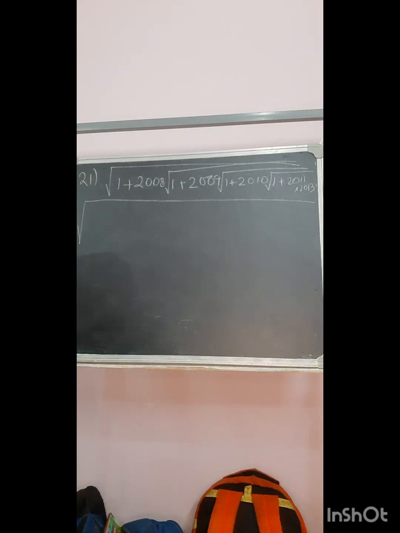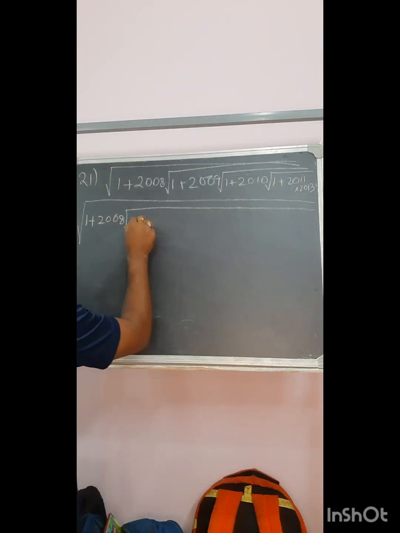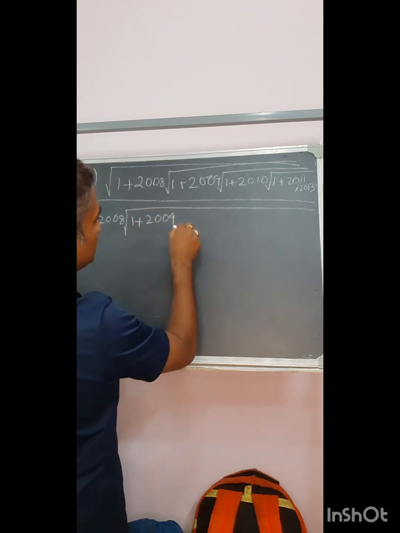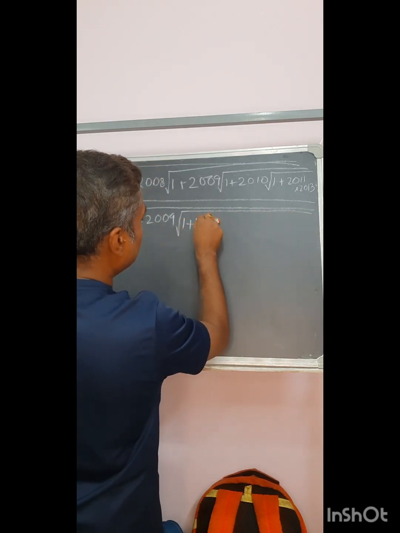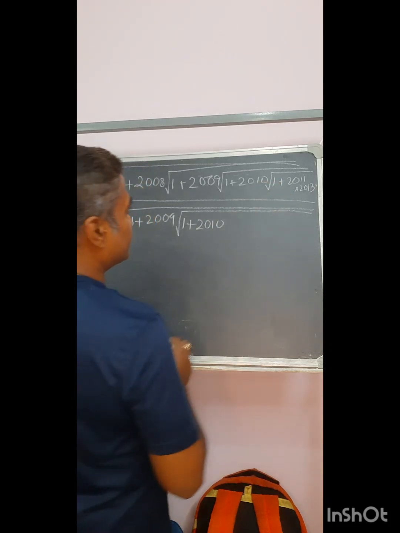So you have to keep thinking from the inner bracket. I will keep the other things the same, and my target has to be to remove the inner surds first.